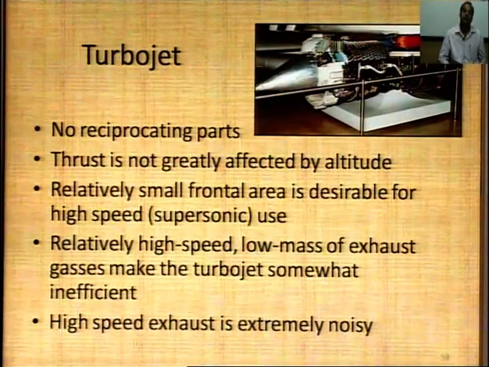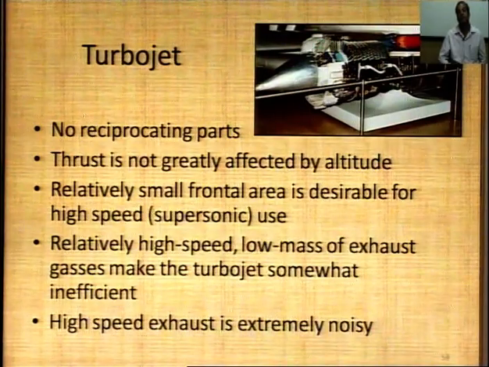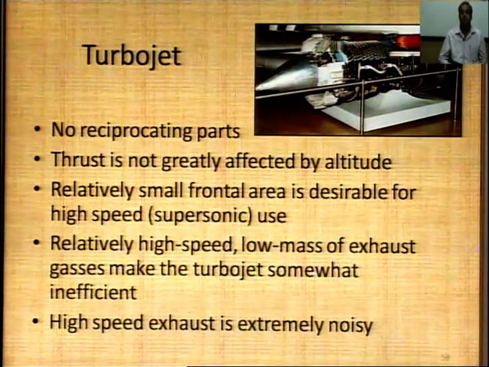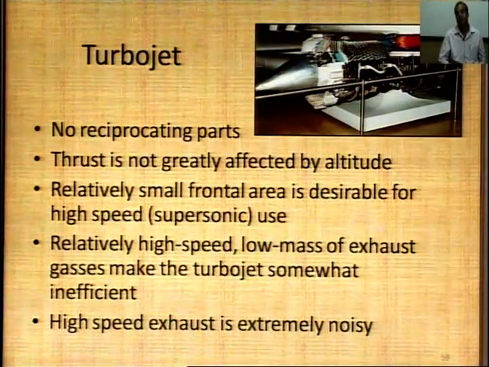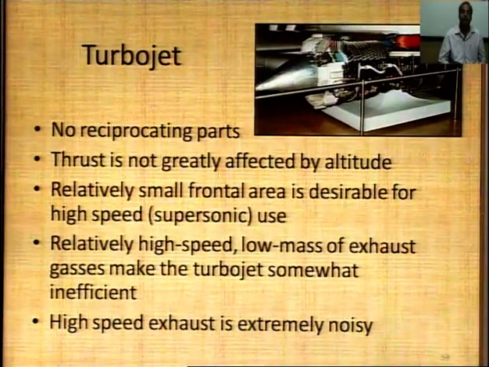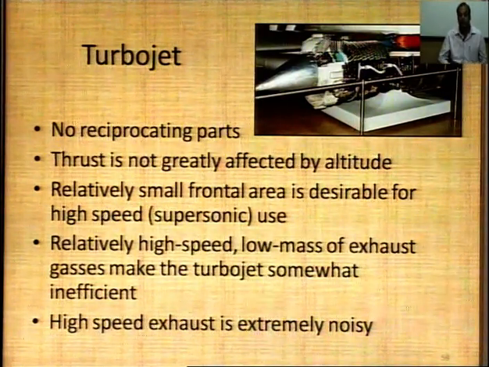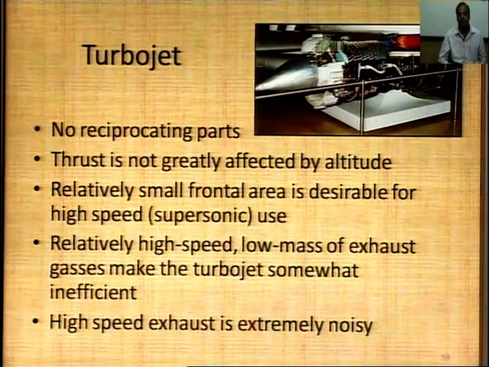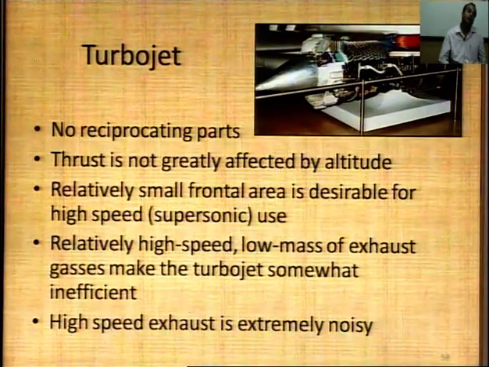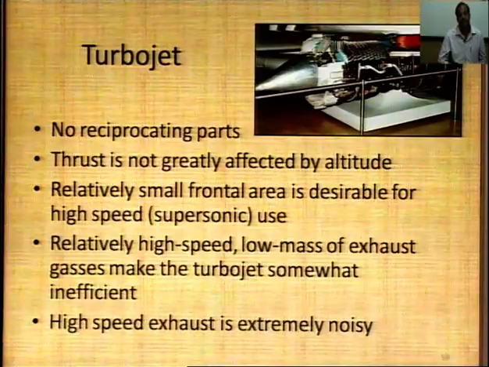Now let me discuss the turbojet engines. Turbojet engines have no reciprocating parts. Thrust is not greatly affected by the altitude, very important. Relatively small frontal area is desirable for high speed, which is also known as supersonic speed.